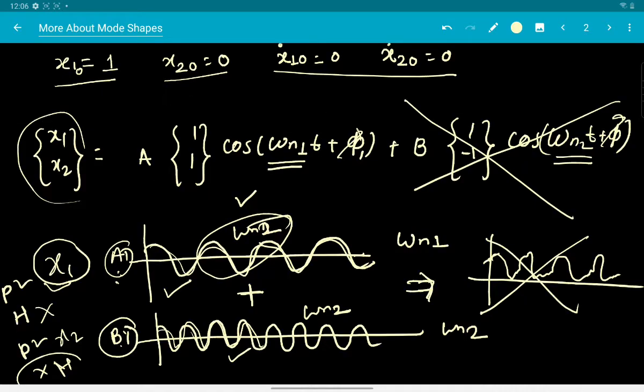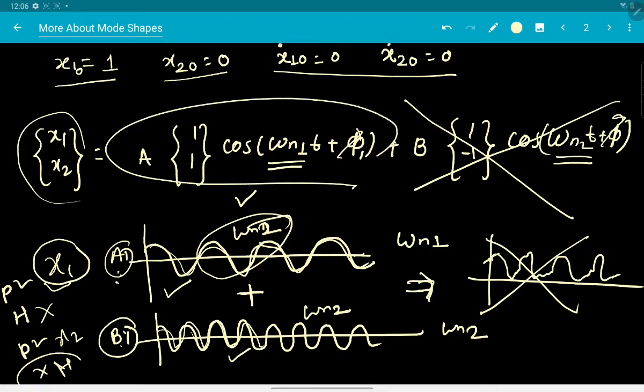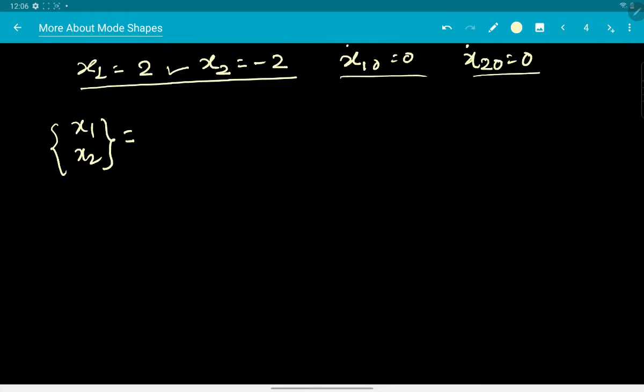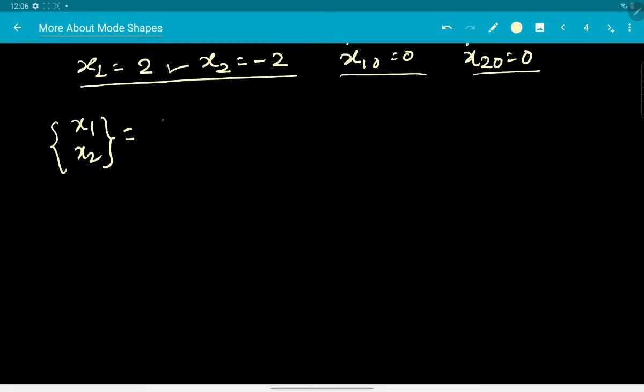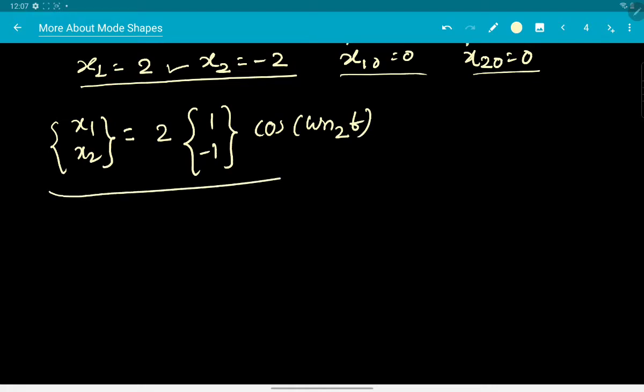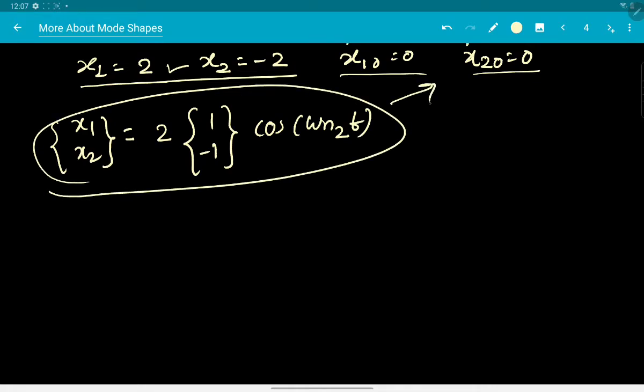If you choose such an initial displacement, the contribution of the first term won't be there, and you will have only this term. So you will get something like 2 times [1, -1] cosine of omega n2 t. This will be the solution if you give such initial conditions.